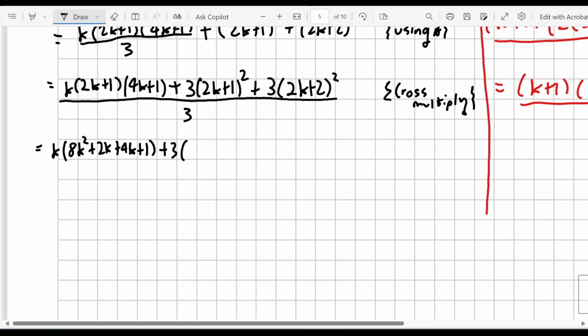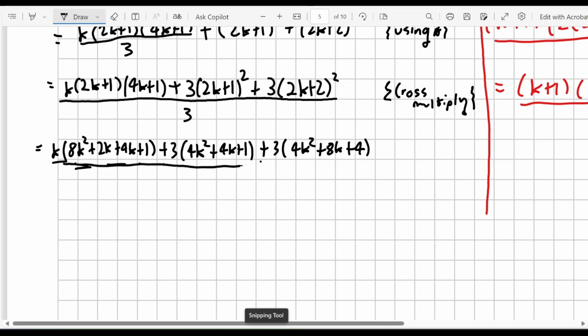It's actually wrong. So you've got to expand it first, then put the 3 in. 4k squared, 4k, 1. 4k squared, 8k, and 4. If you're wondering what rules I'm using there, those are those perfect square expansion rules that we looked at earlier. Probably starting to see the usefulness of having that on your cheat sheet as well.